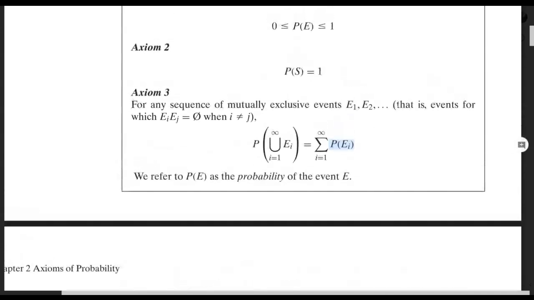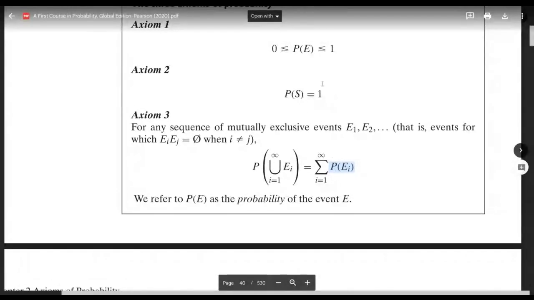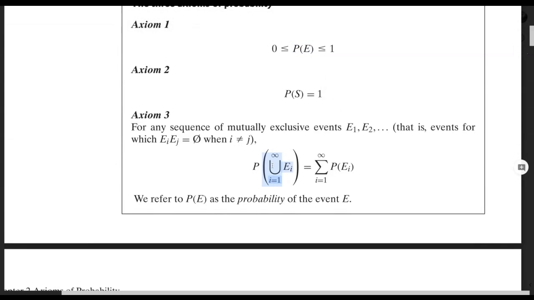This builds up to the sample space, because the union includes all the outcomes. So the probability of the sample space equals the sum of the probabilities of all the events.